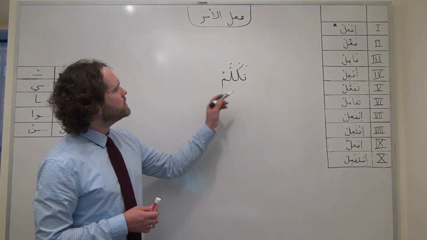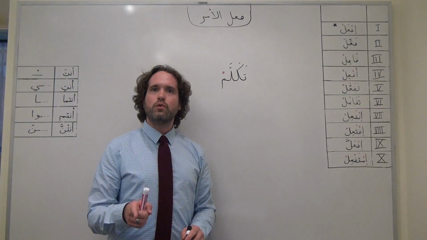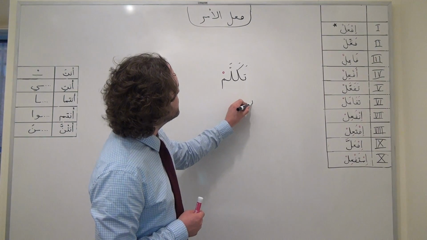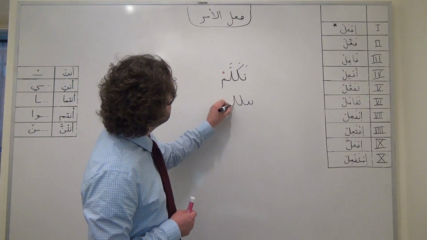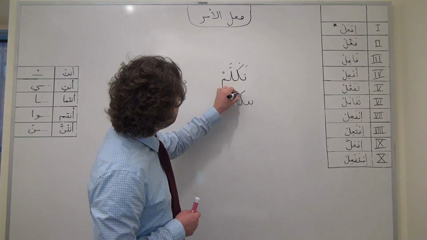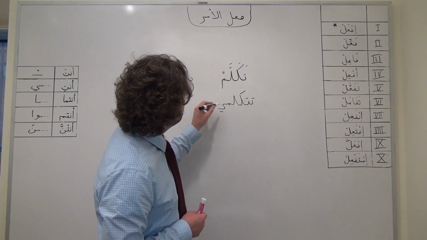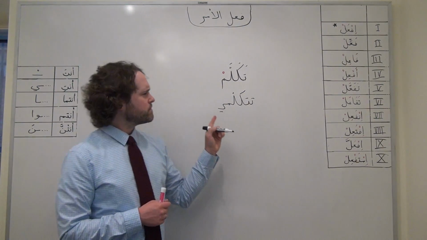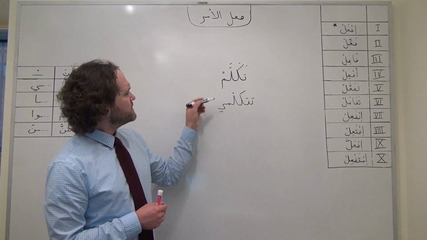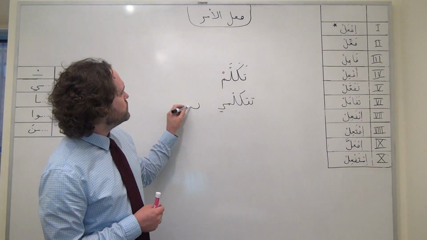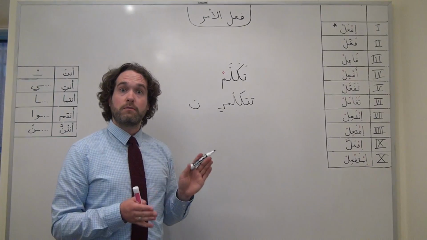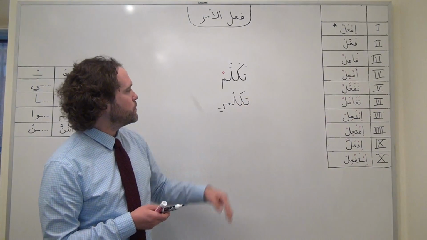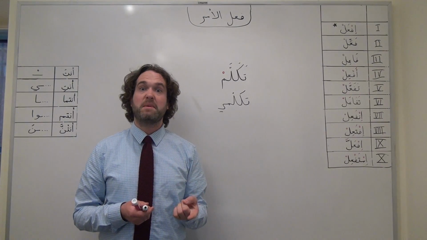So if we wanted instead to say, you, grammatically feminine individual, speak Arabic, we could go through the same process. تتكلمي, and here at the end we don't have the noon that we would expect on the marfu'a conjugation. We just have the ya, and then we drop the ta once again, and we wind up with تكلمي.